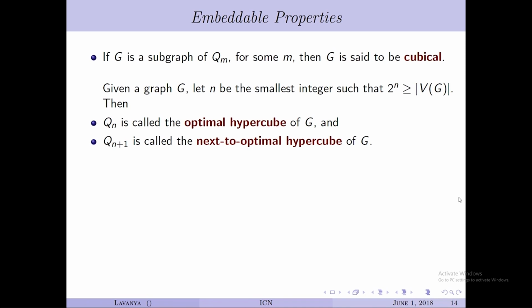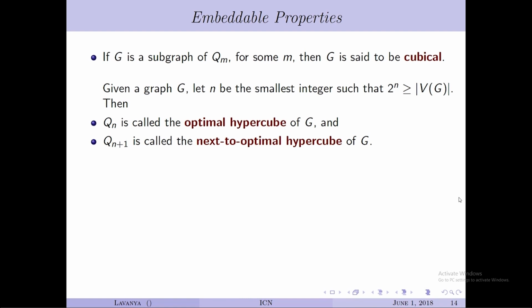When we are trying to embed, we want to embed it in the best possible hypercube. Given a graph, if I want to embed it into the best possible hypercube, what are the conditions that I should look at? The number of vertices in my hypercube should at least match my graph. To catch up with that, we have certain terminologies. If n is the smallest integer such that 2 power n is greater than the number of vertices in my given graph G, then I call Qn the optimal hypercube.